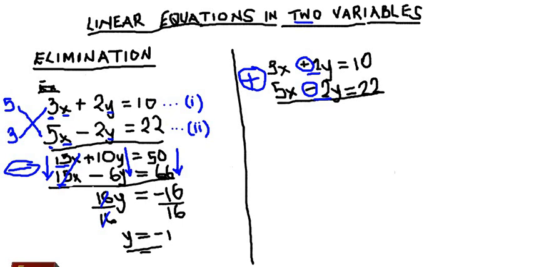As usual, we effect the addition across the two equations as we did in the other step. Equation 1 plus equation 2. We have 3x plus 5x, that will give us 8x.